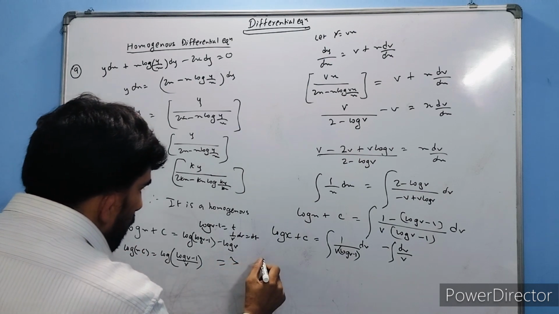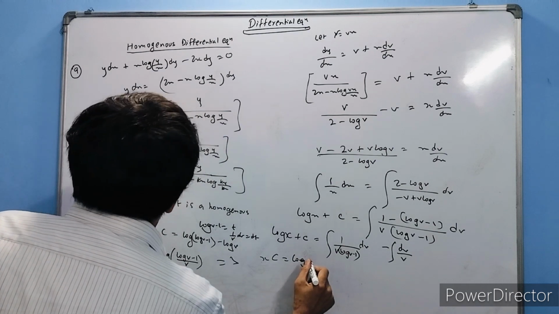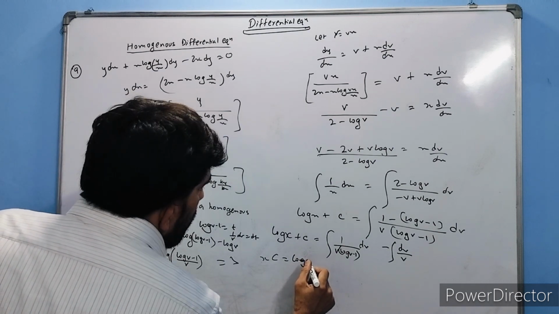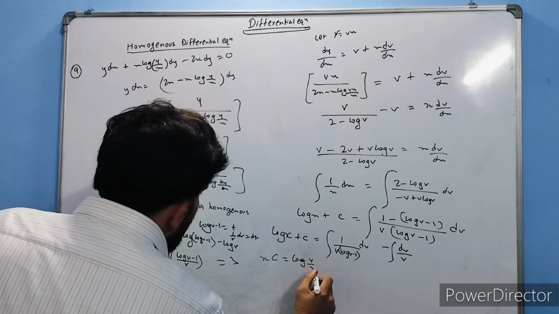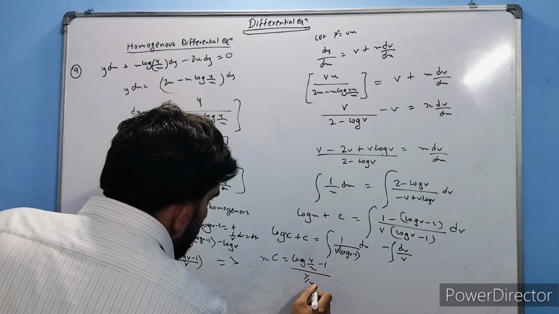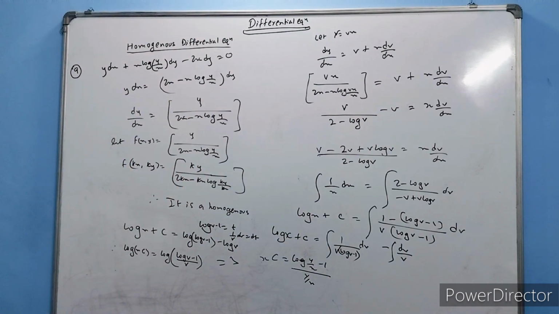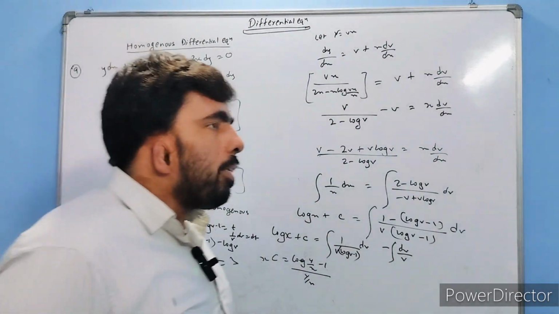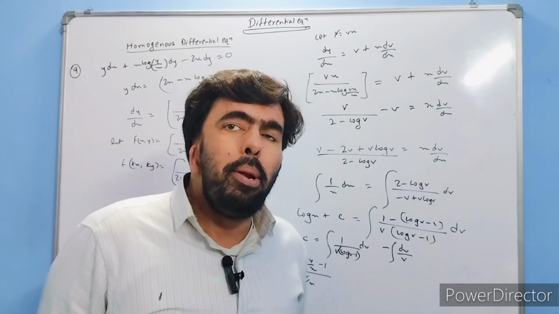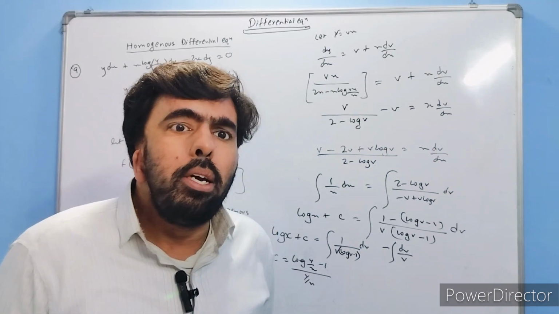So we'll have x c is equal to log v, where we have taken y upon x, minus 1 upon y upon x. That is how we are able to find the general solution, if we are able to find that the given differential equation is homogeneous or not.